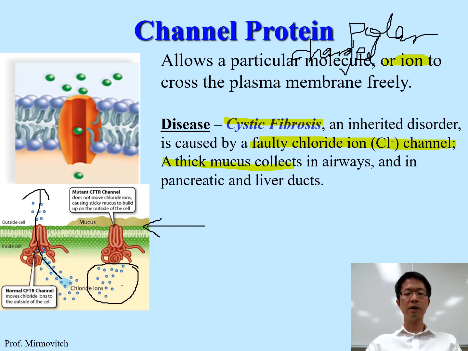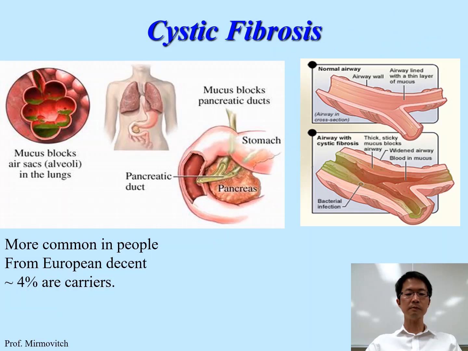Thick mucus collects in the airway, that means in your lung or trachea, in the pancreas or liver duct. Most of the patients with cystic fibrosis are of European descent, and approximately 4% of the population are carriers.